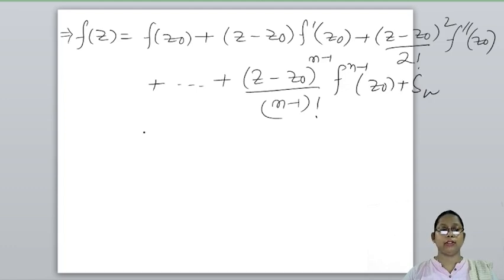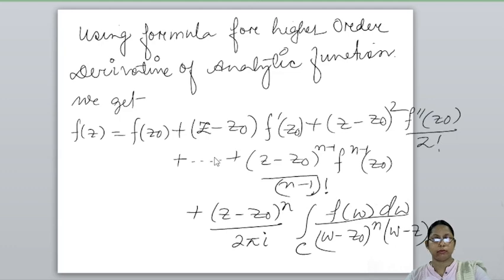Put this S n, where S n is my nth term. S n is this term.